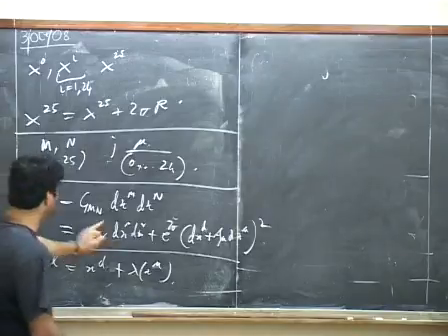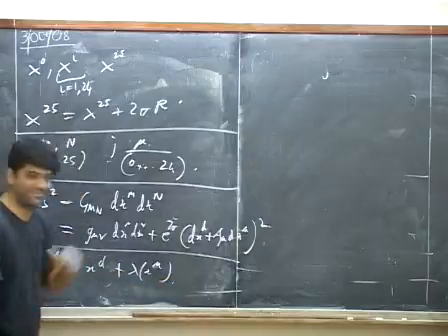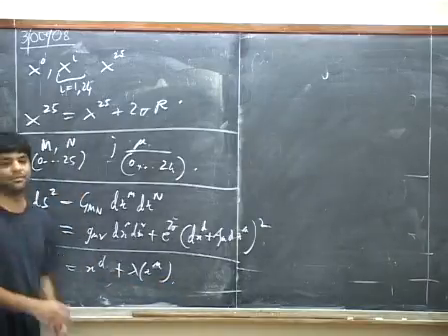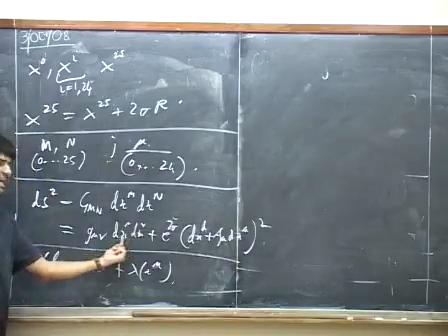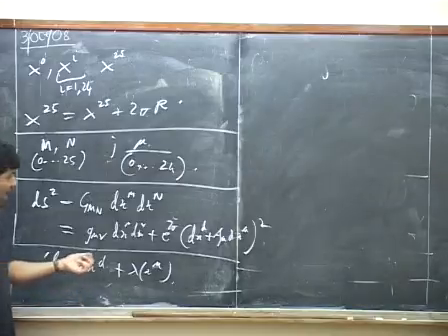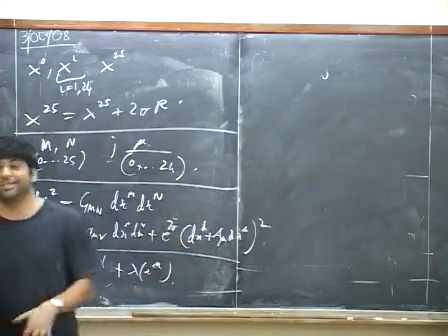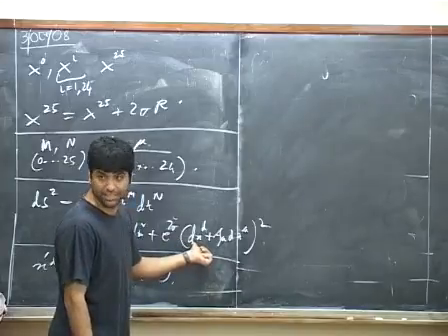What change in this new parameterization will leave the line element invariant? g_mu nu will go to some new function g_mu nu prime, but that's not changing because dx^mu dx^nu is not changing. e to the power 2 sigma will go to some new function, but that's not changing because the dx^D squared term is not changing.